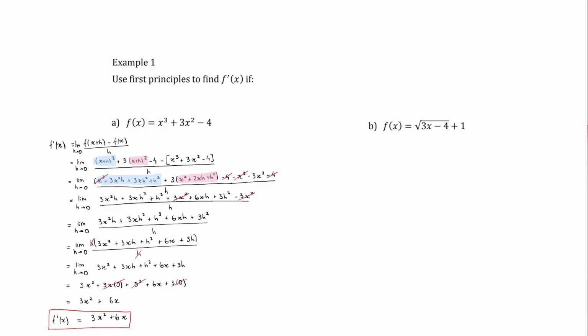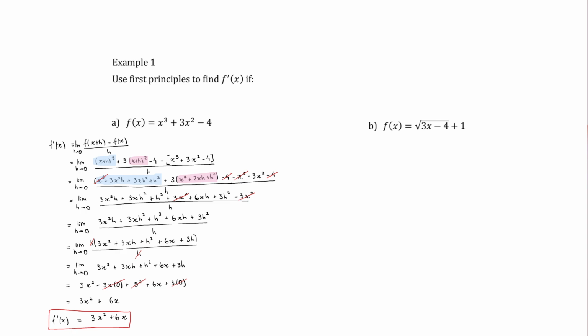What if we have a square root expression? What if we have a function with a square root? So here, this is where we are going to have to use different skills, and this is where we are going to use rationalization. Okay, but again, let's see how it works step by step.